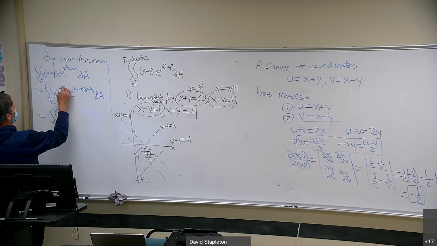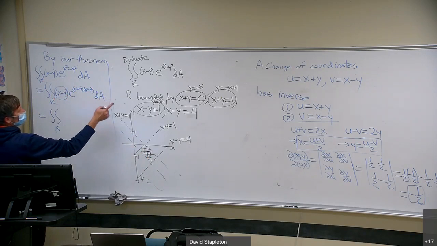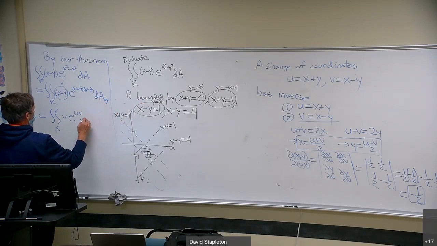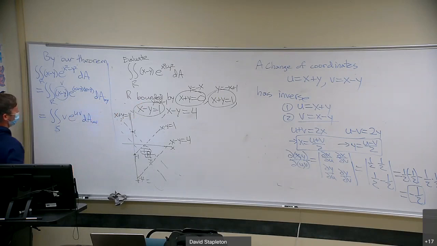Well, x minus y is just v, right? x plus y is u, x minus y is v, and then this was dA in the XY system, this is dA in the UV system. And so this double integral can be rewritten as this double integral. A little easier, right? Now I got rid of those squares. It's just e to the u times v.